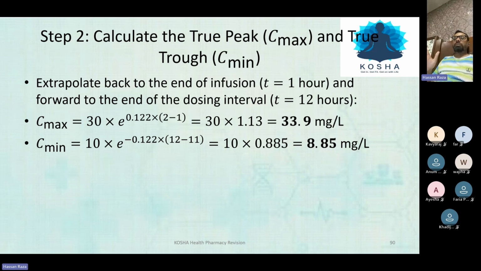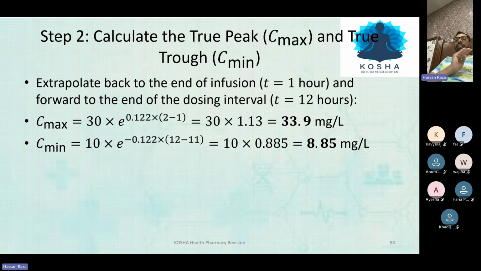Maximum concentration will be when all the vancomycin you have administered has been infused to the patient. So if you have started your infusion at 8 o'clock and you have infused until 9 o'clock, then at the very moment at 9 o'clock there will be a maximum concentration.